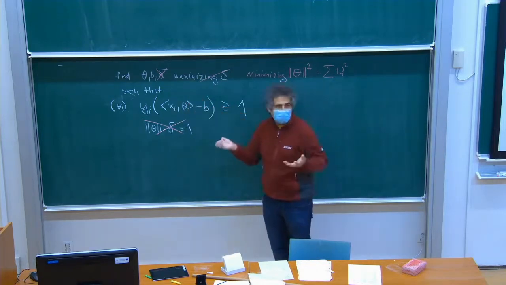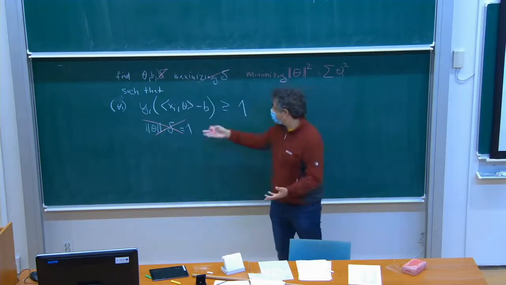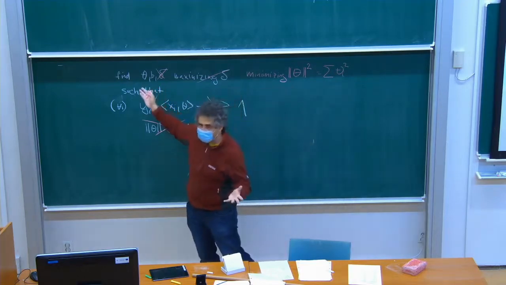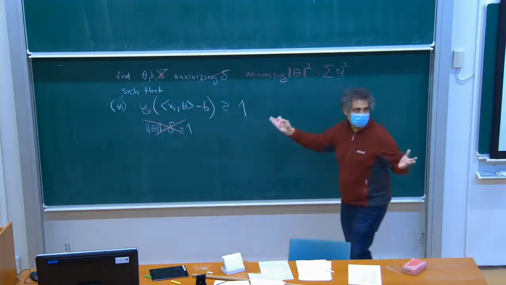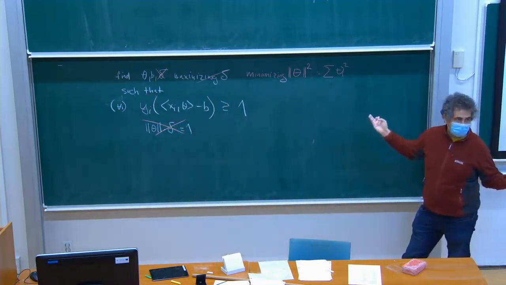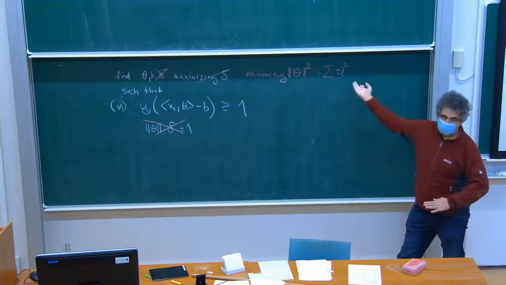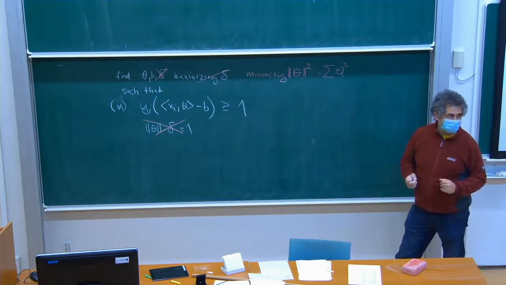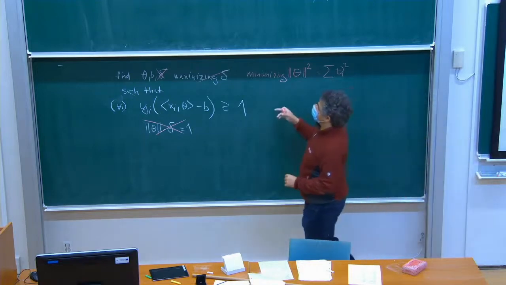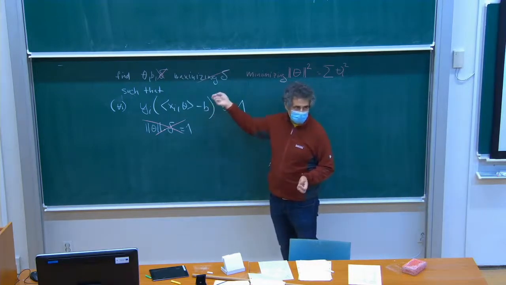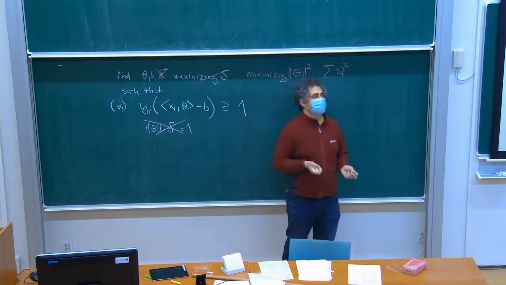Because it doesn't have distance in it anymore, it doesn't have a margin in it anymore, but it still maximizes the margin of the classifier. Okay, so this is the way you can compute the maximum margin classifier.